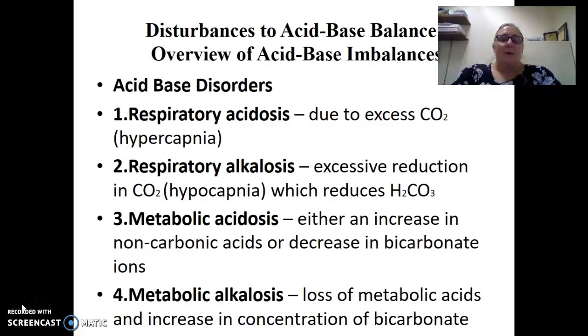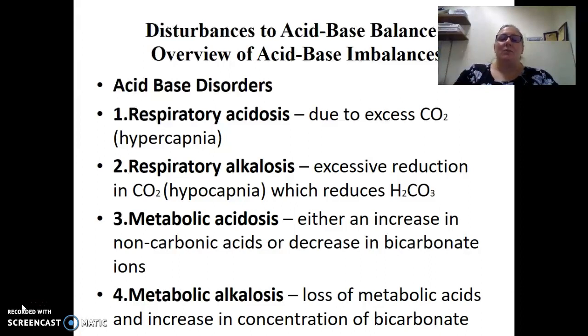So respiratory acidosis is due to excess carbon dioxide. So people with emphysema, they can't blow the carbon dioxide off. And so that carbon dioxide builds up in their blood, and that causes their pH to decrease. And that's when the kidneys have to excrete the excess hydrogen.